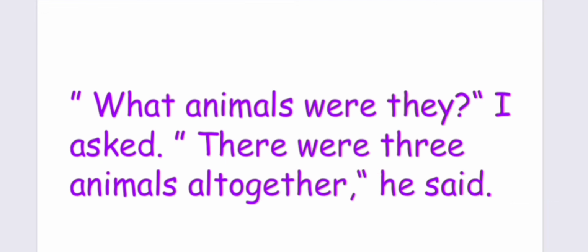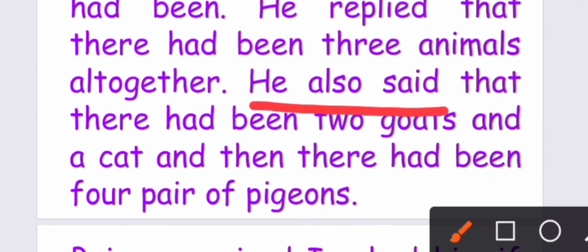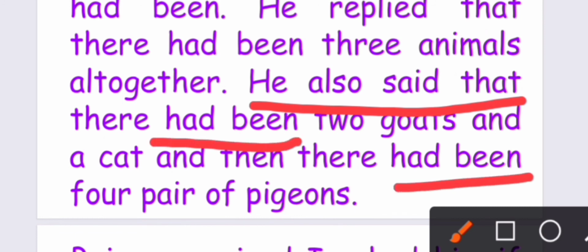Okay, learners. Then he also said that there had been 2 goats and a cat, and there had been 4 pair of pigeons. So learners, there had been and had been. So again 2 past perfect tenses, and we need to change it into past tense only, as it is indirect to direct one.